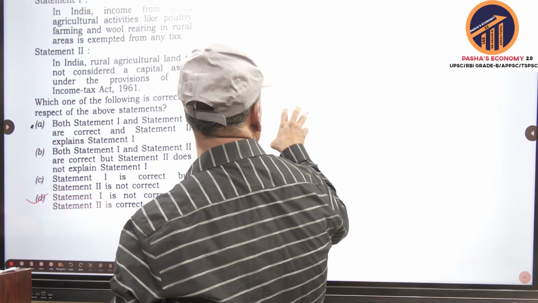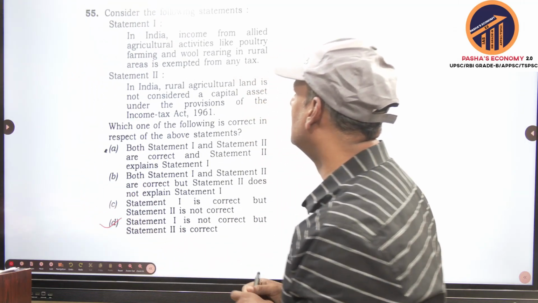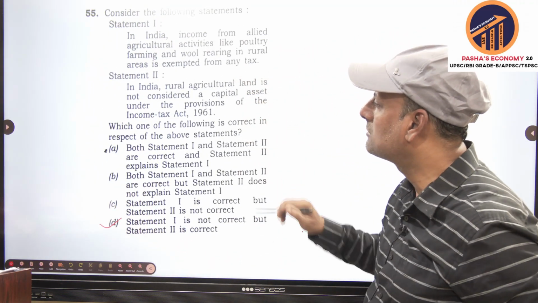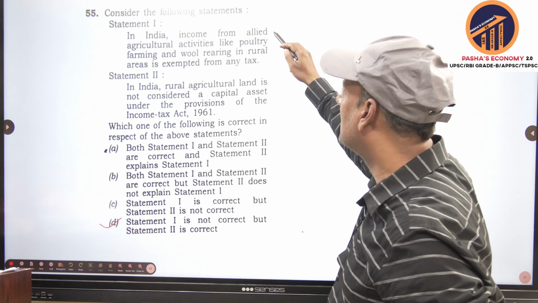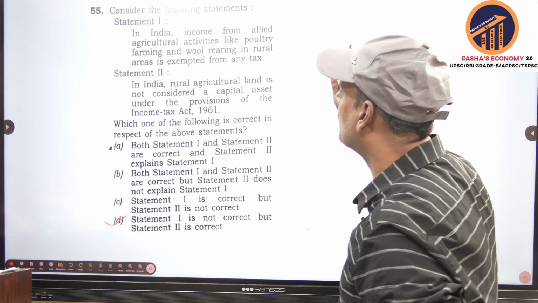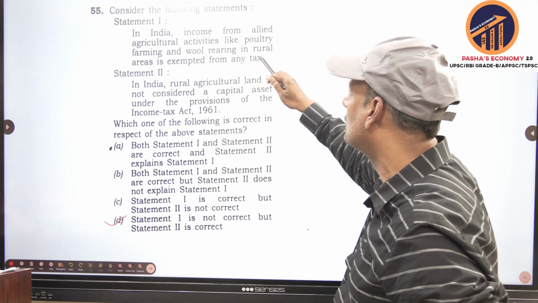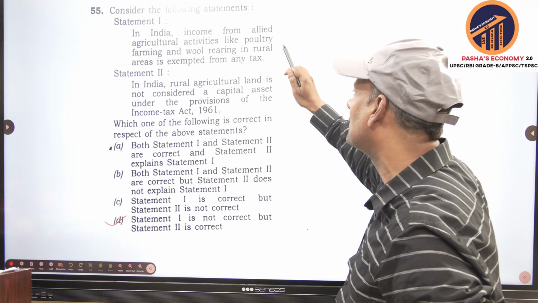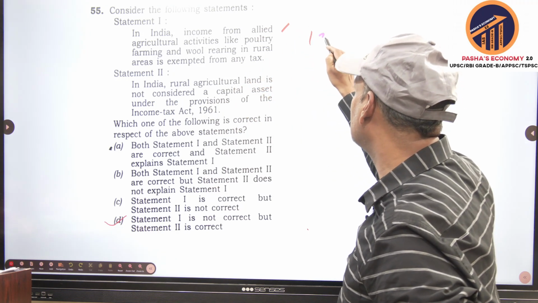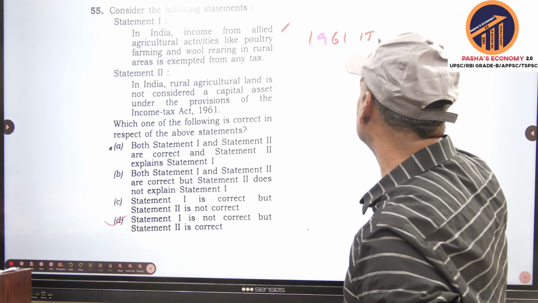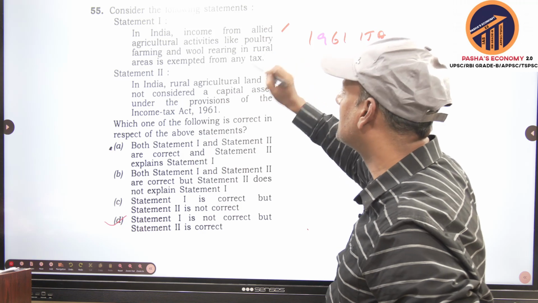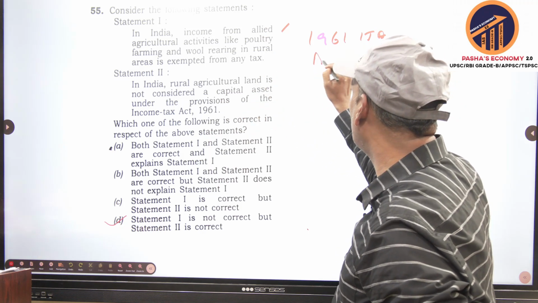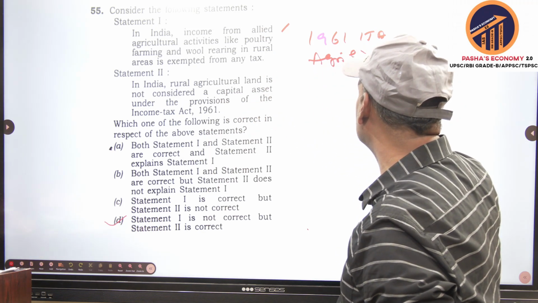See, there is another significant concept you have to understand. Consider the following statements 1 and 2. Statement 1: Indian income from allied agriculture activities like poultry farming and wool rearing in rural areas is exempted from tax. No, friend, as per the Income Tax Act 1961, which was recently amended in 2024, the basic point you must understand is that agriculture is the only sector exempted from taxes.